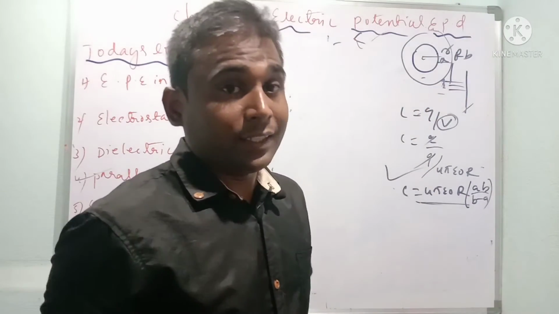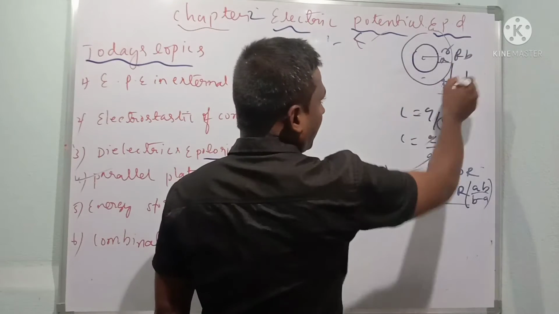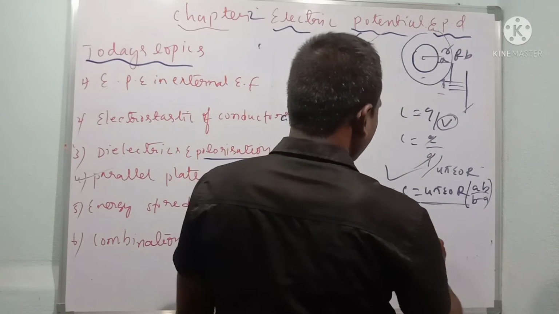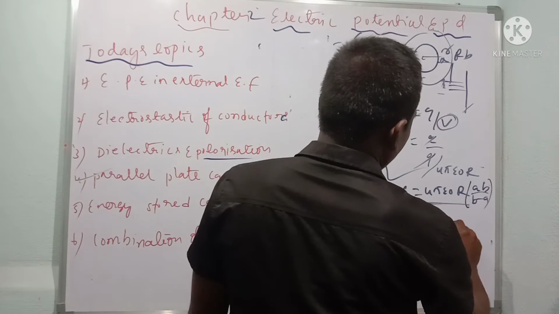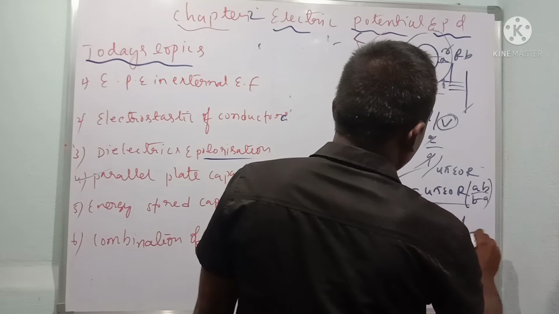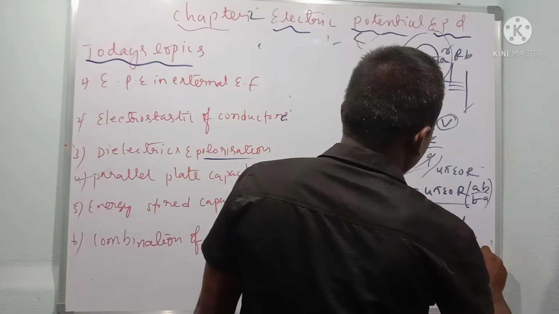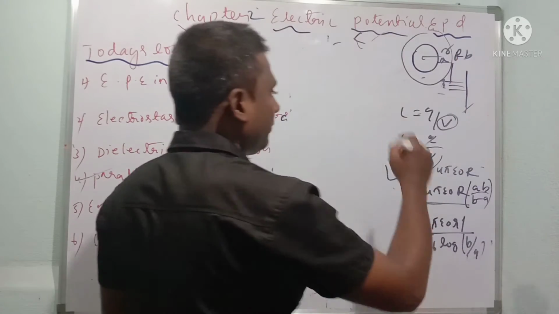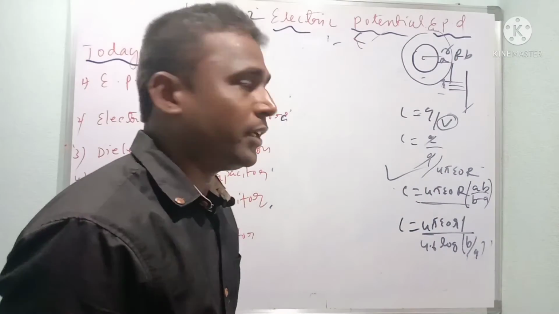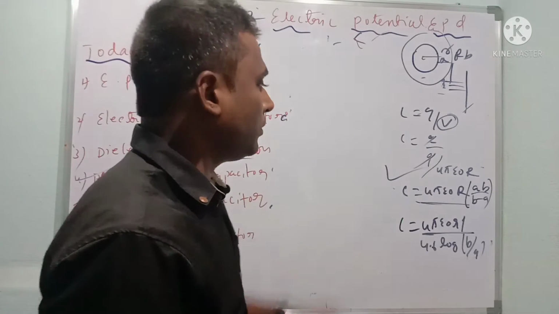Similarly, for a cylindrical capacitor, C is equal to 2 pi epsilon naught L divided by 2.303 into log of B divided by A. Just remember, these formulas will be asked in the examinations. So please note them down, children.